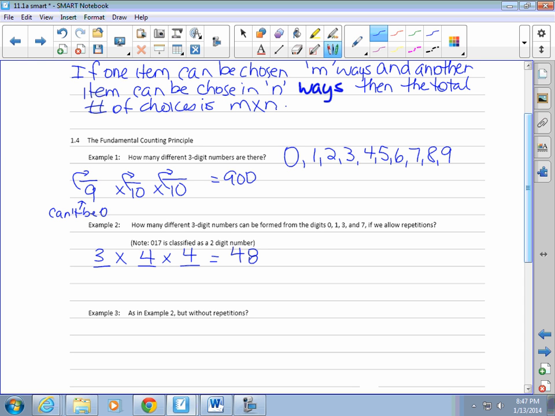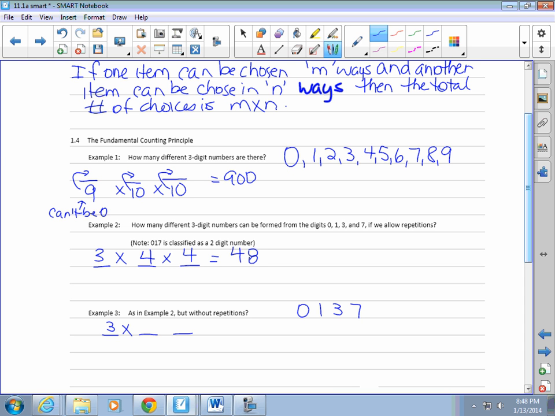Okay, so example 3 here says, same thing, make me a 3-digit number using only 0, 1, 3, and 7, but without repetition. So that means I can't have a number repeat. Okay, so I know for my first spot here, I can't use 0, so I can only use 3 digits in there.